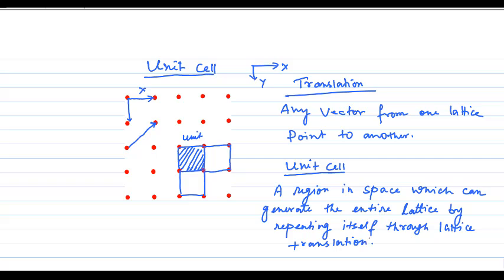All right. So this is how you can define the unit cell. The meaning of this we have already understood, right?